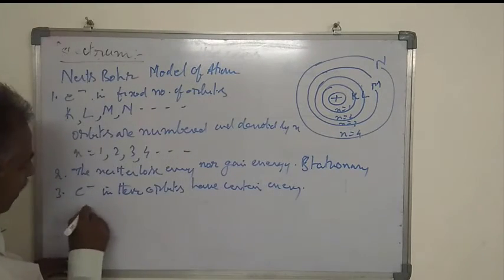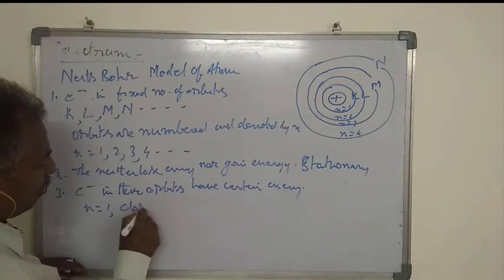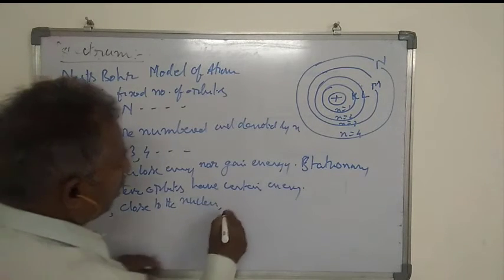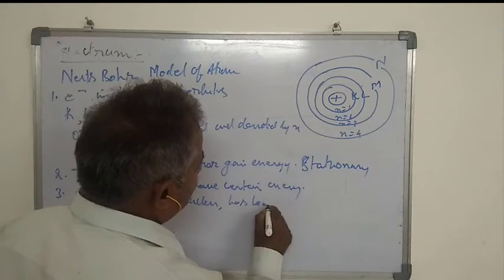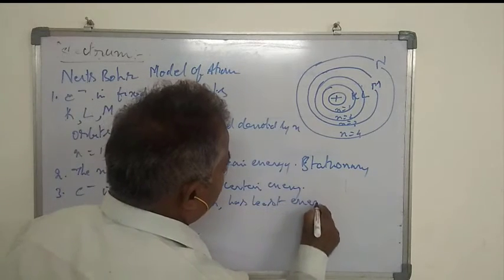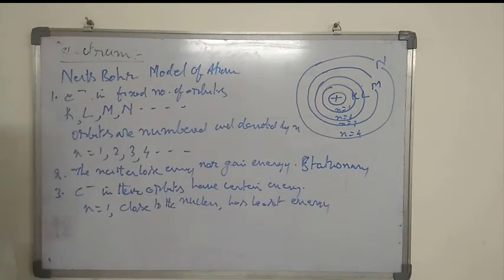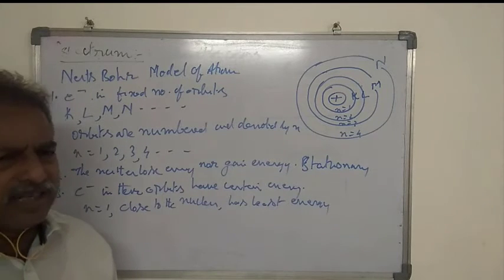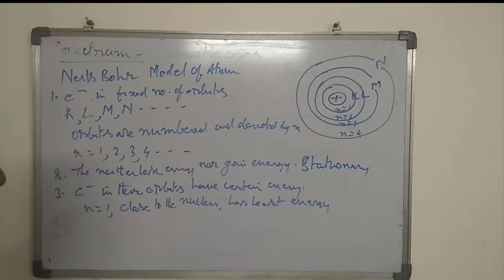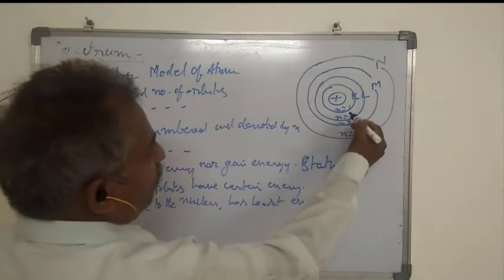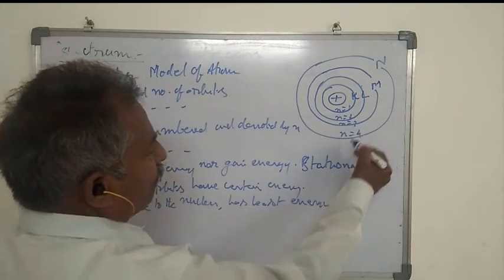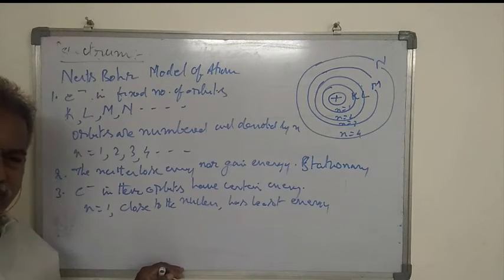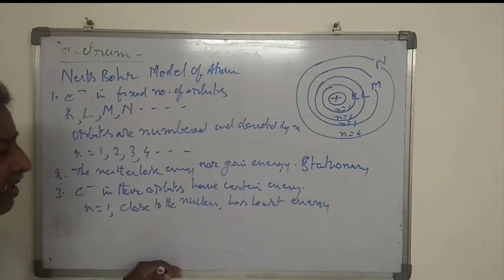So n equal to 1 is close to the nucleus and has least energy. That means electrons revolving in the orbits which are very close to the nucleus have least energy. As the electron moves farther from the nucleus, that is n equal to 1, 2, 3, 4 and so on, the energy goes on increasing.